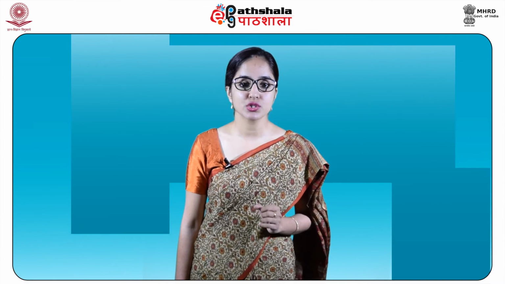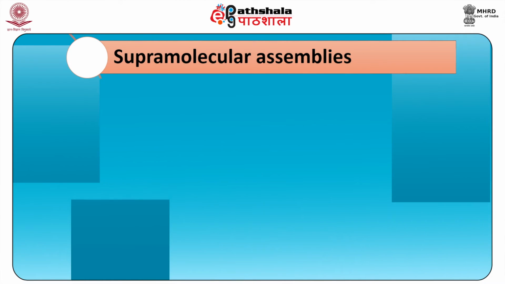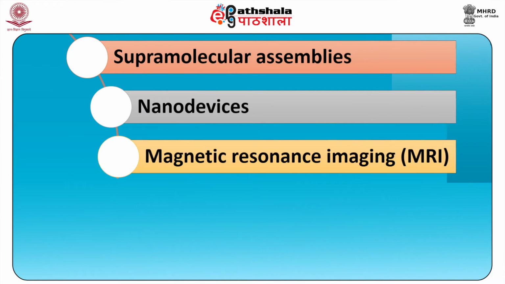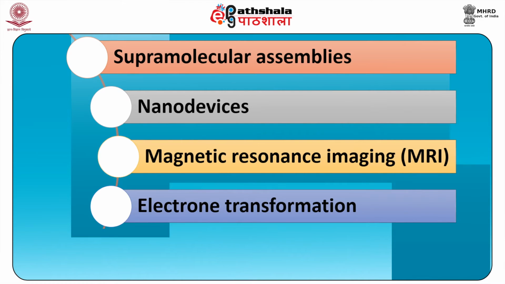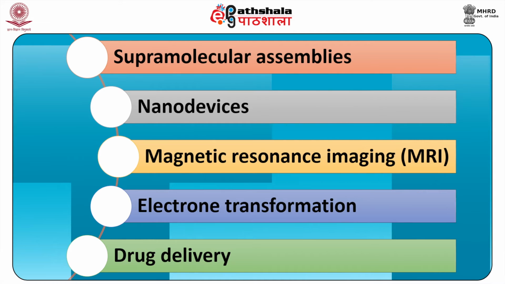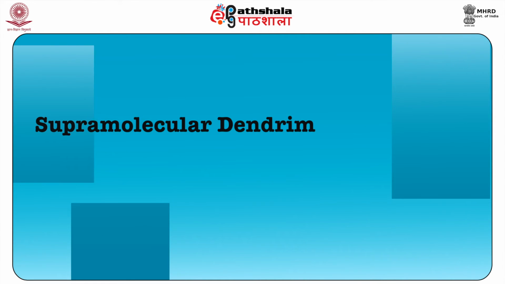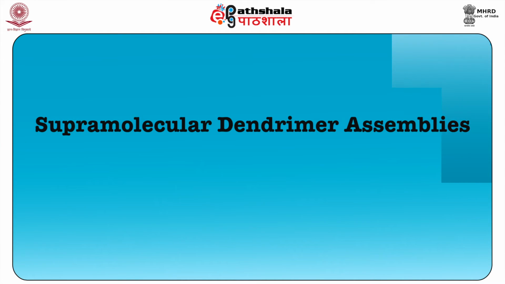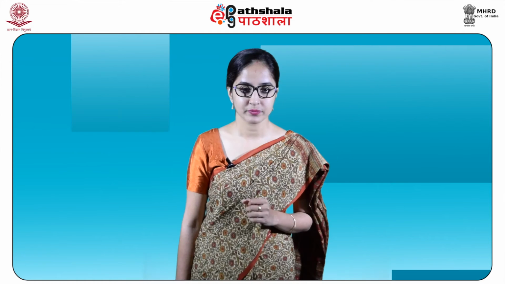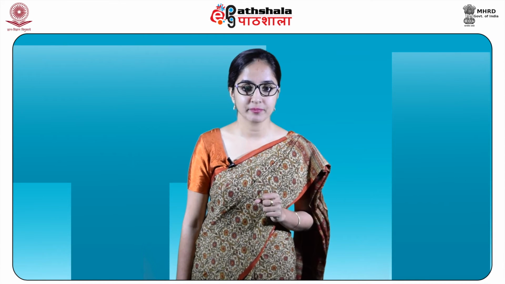Dendrimers are applied in various useful syntheses and properties like supramolecular assemblies, nanodevices, magnetic resonance imaging (MRI), electron transformation, drug delivery, etc. First, we will study the applications of supramolecular dendrimer assemblies. Dendrimers can also be assembled non-covalently.